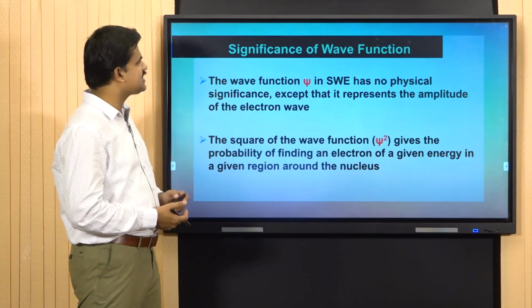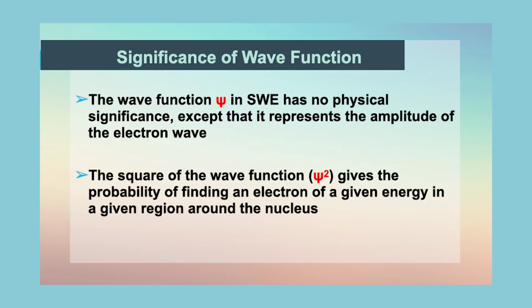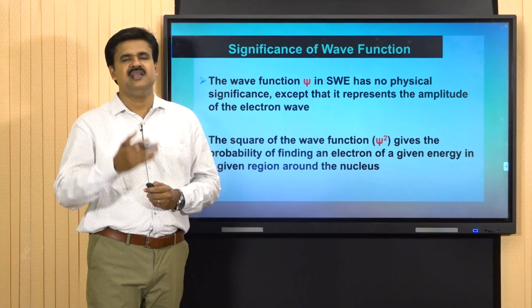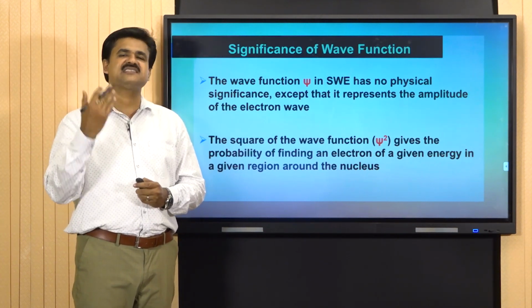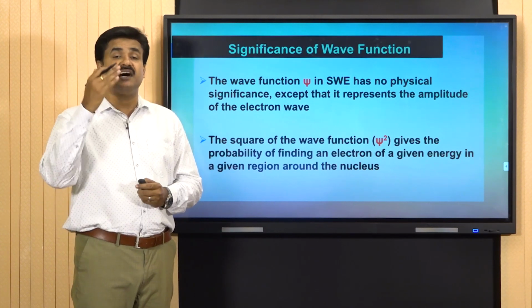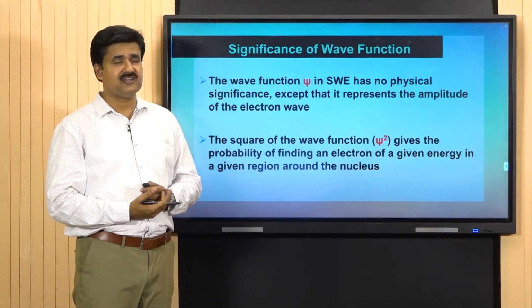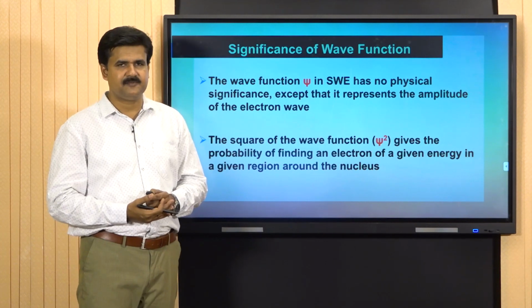The wave function psi in the Schrodinger wave equation has no physical significance except that it represents the amplitude of the electron wave. If the electron is propagating like a wave, the wave must have an amplitude. The amplitude of that electron wave is the wave function psi.